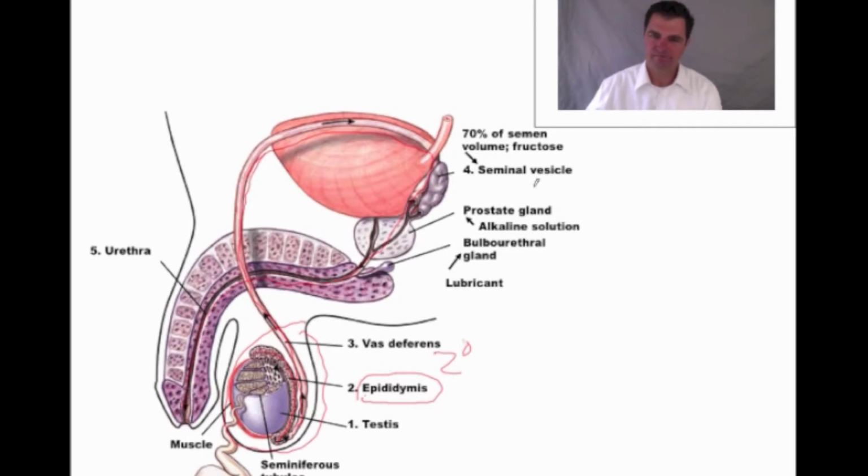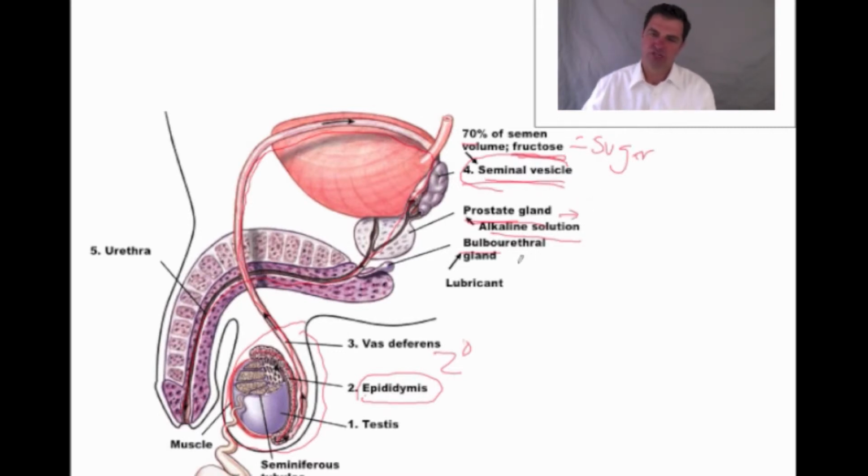And along the way, they come across several vesicles, several accessory glands that produce things like the seminal vesicle, for example, which produces 60 to 70% of the volume of what's in an ejaculation. Fructose is one of the big things there. The fructose is a sugar, and that's used primarily as the energy source. The prostate gland secretes some alkaline solution, so does the seminal vesicle.